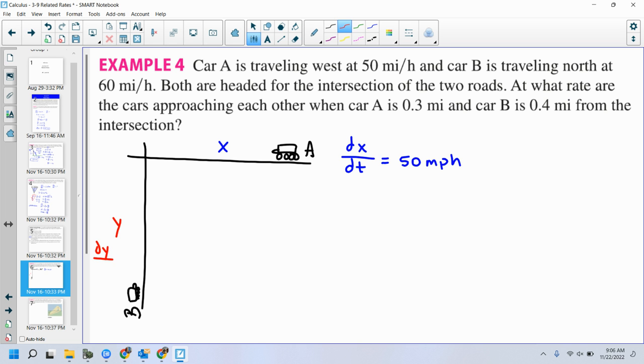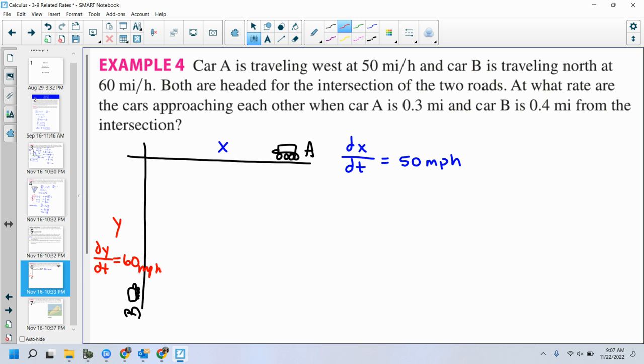So dy/dt is equal to 60 miles per hour. At what rate are the cars approaching each other when car A is 0.3 miles and car B is 0.4 miles? Okay, so obviously car B is traveling at a higher rate than car A, right?